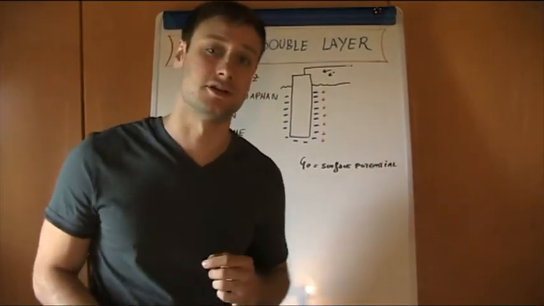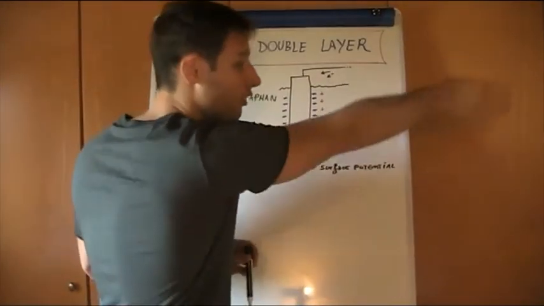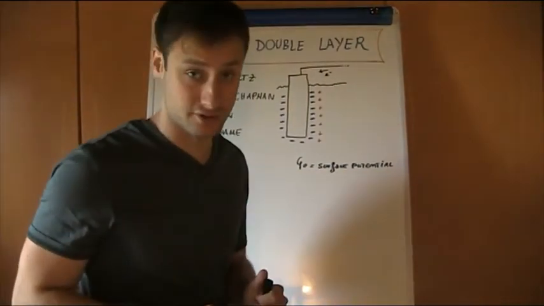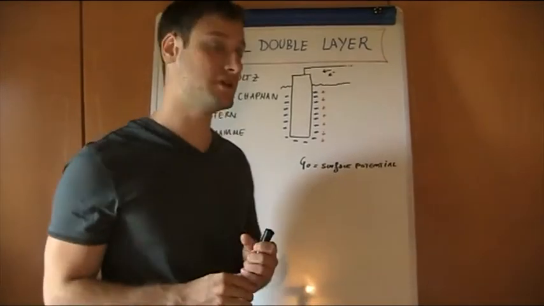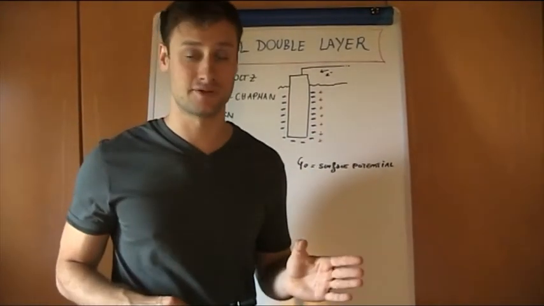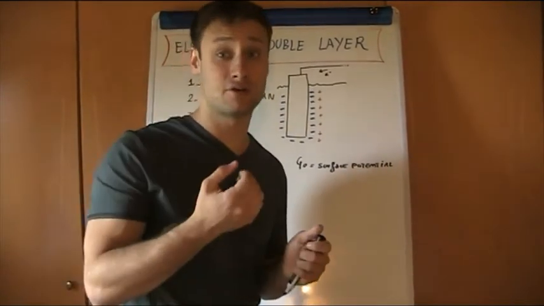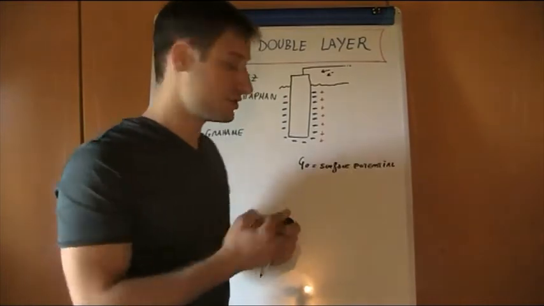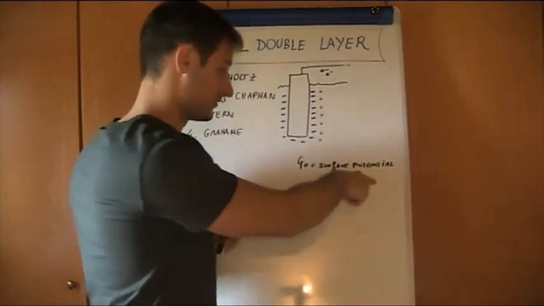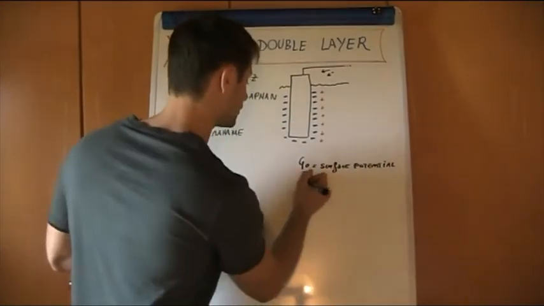And moving from the surface toward the other electrode, we can have a compensation due to the presence of positive charge. And this compensation leads to a decrease in the potential.